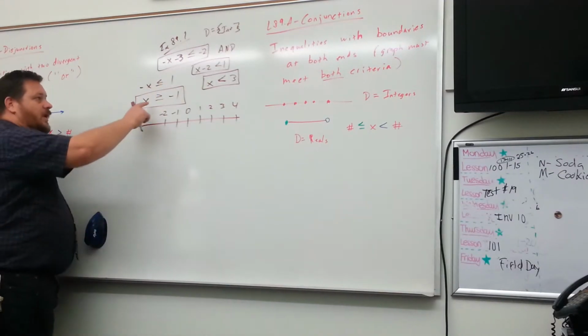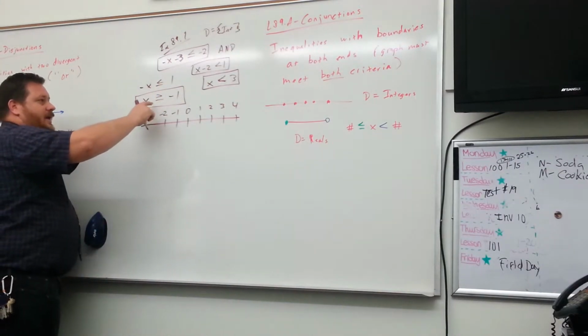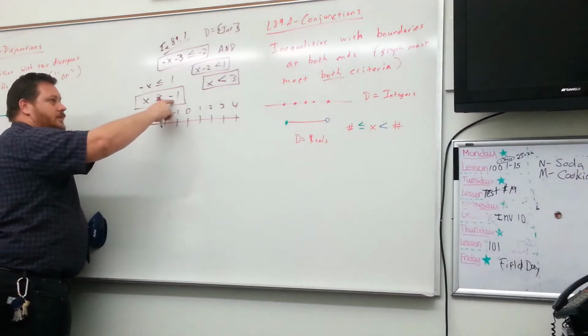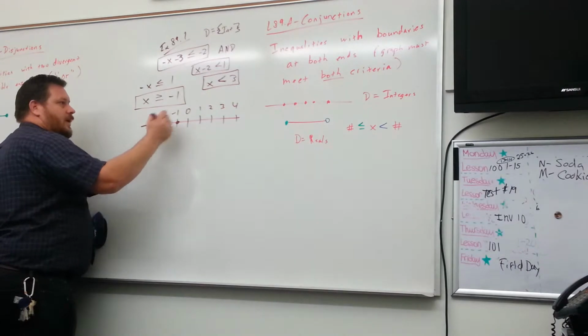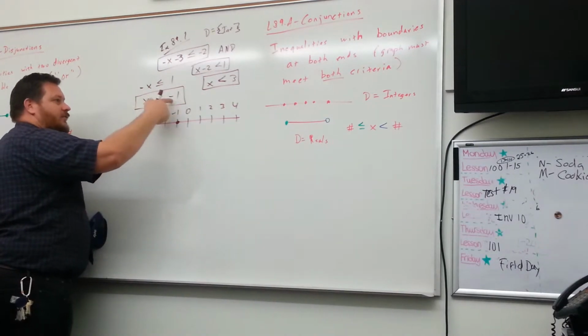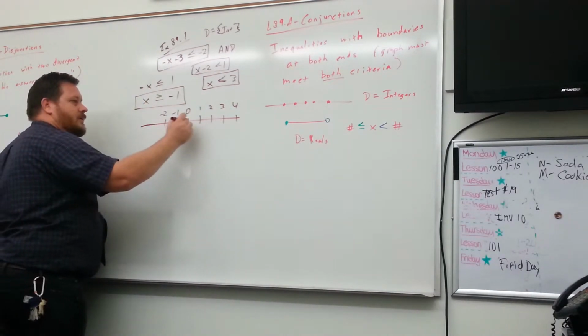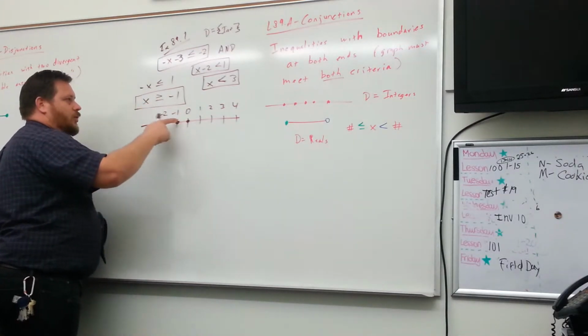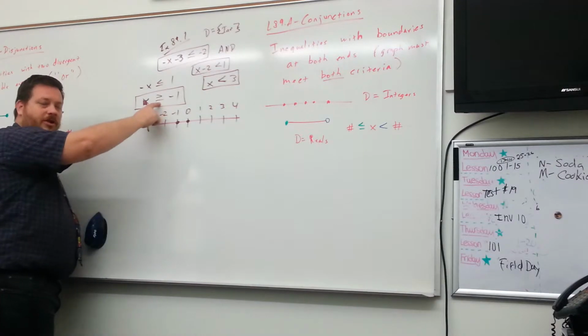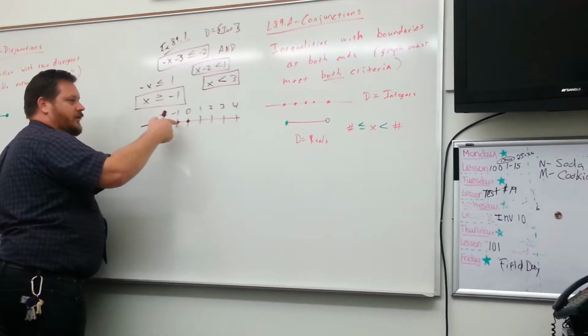Can it be -1? Yes. Can it be -2? No, because x has to be greater than or equal to -1. Can it be 0? Yes. Based on this inequality, we start putting our dots.